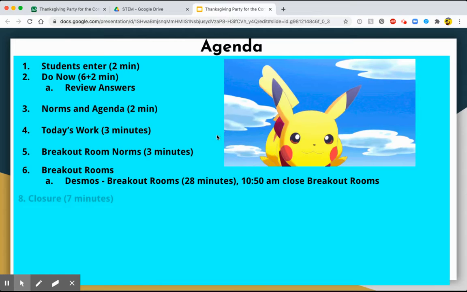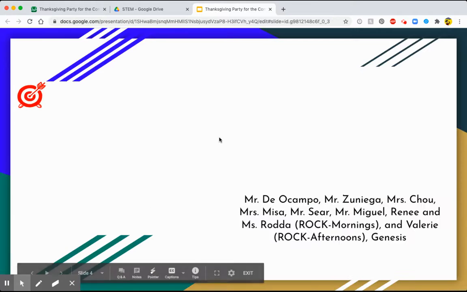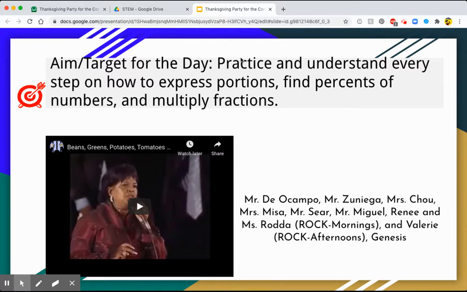We talked about our agenda, which was our plan for today. We talked about norms. Today's lesson was about practicing and understanding every step on how to express portions.